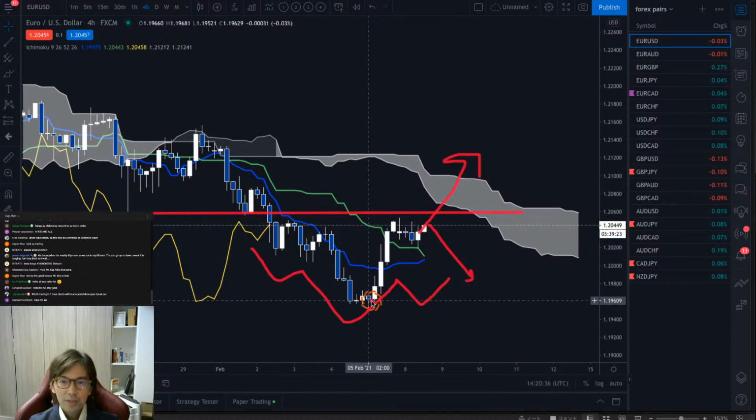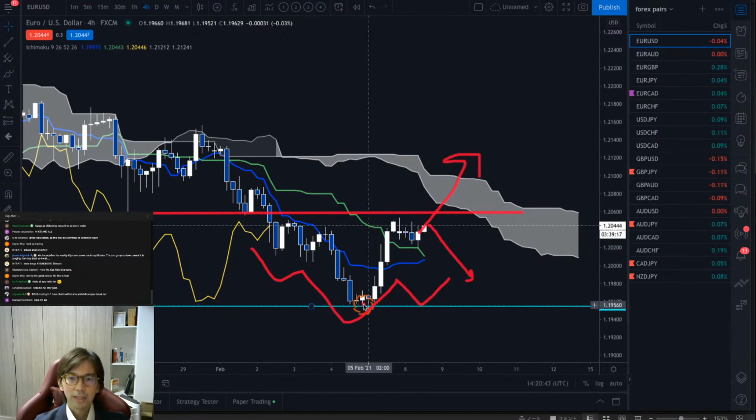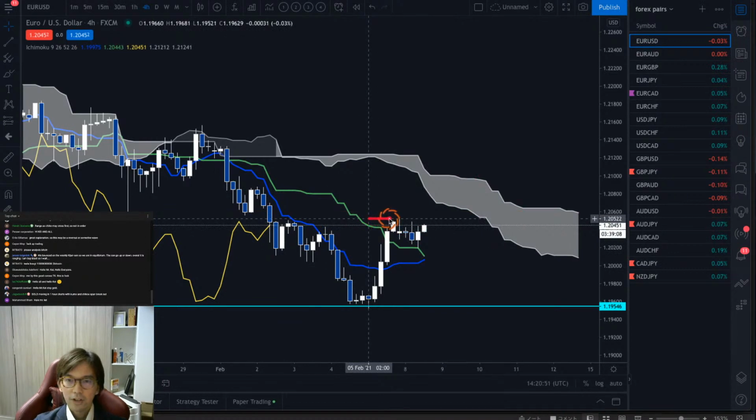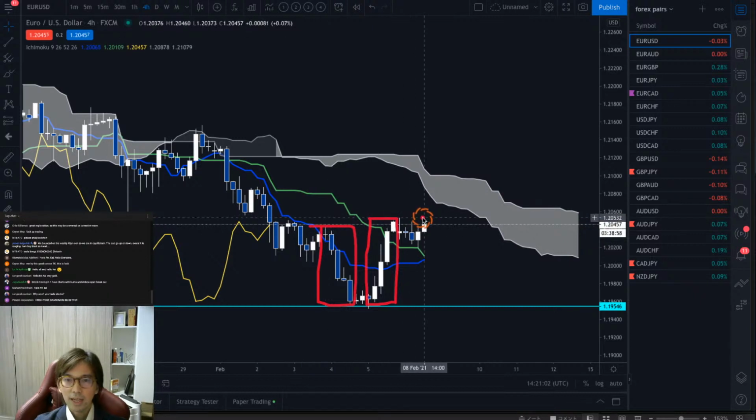And also this level, 1.195 area, is the Senkou Span B in the daily chart. And also, if you can remember, there was an outside bar and inside bar, and it's breaking upwards on the daily chart.